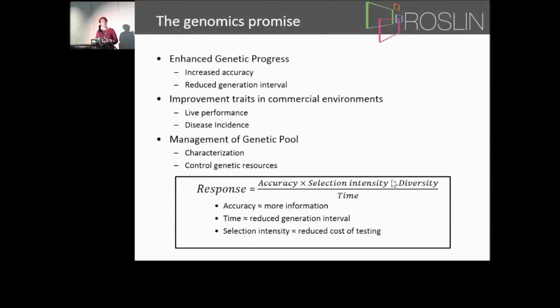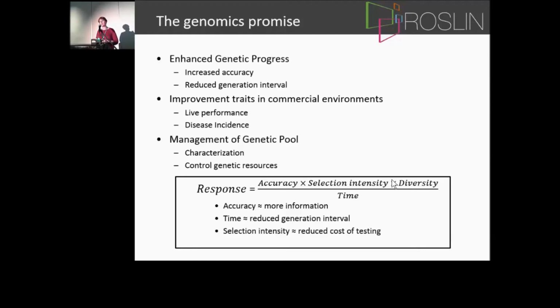I'm sure that I don't have to talk about the promise of genomics to this audience. And really now, it's not really a promise, because we're seeing the realization of the long road of R&D, with actual increases in accuracy of genomic predictions and increased progress through that increased accuracy and reduced generation interval.